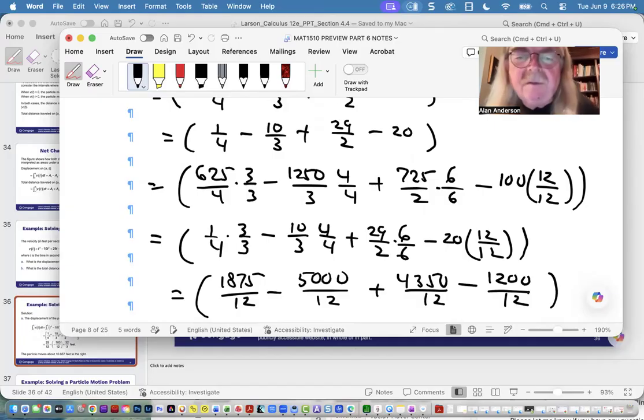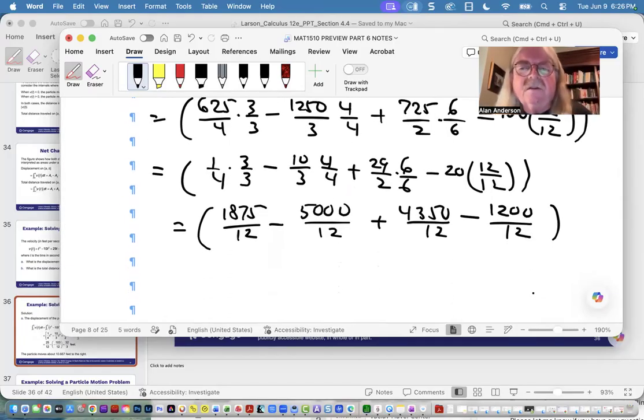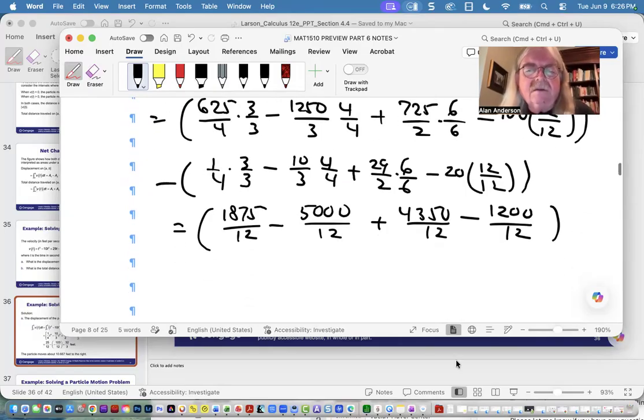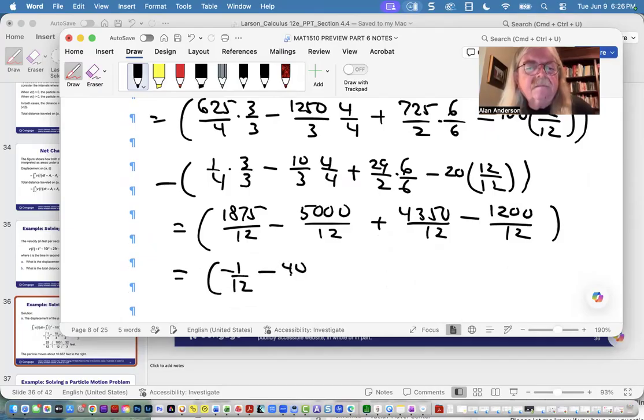So that's the first term, and then we still have the second term to subtract, don't forget. Oh, I just realized this equal should have been a negative. All right, let's just get through this really quickly. Minus 174 over 12.